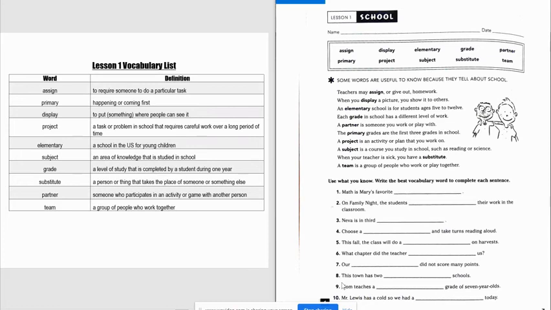Number 8, this town has 2 blank schools. What kind of schools does the town have? Number 9, Mom teaches a blank grade of 7-year-olds. Is it an assigned grade, a primary grade, an elementary grade, or a team grade of 7-year-olds?